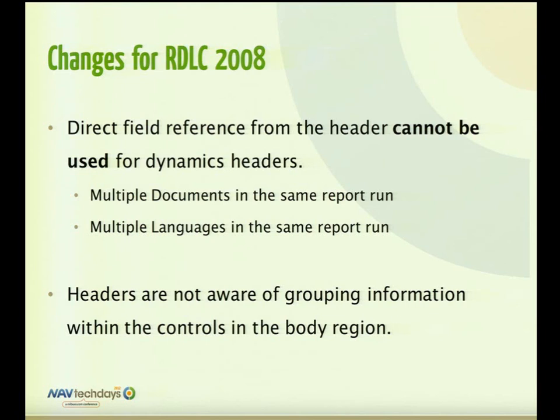We handle that by grouping within the body. Within the body, we have a control which groups per document, and it's printing information per document. But the header is not able to access this grouping information within the body because this is in a completely different scope. The header can only see the whole dataset. So it can access data from the top of the dataset, from the bottom of the dataset, the sum of the dataset, but it doesn't know what kind of groupings you are doing within the body.